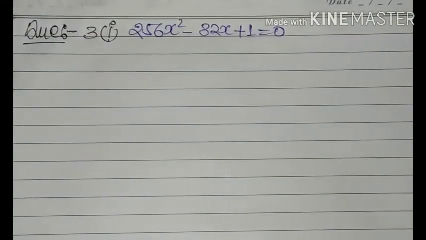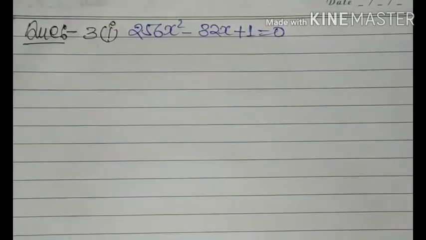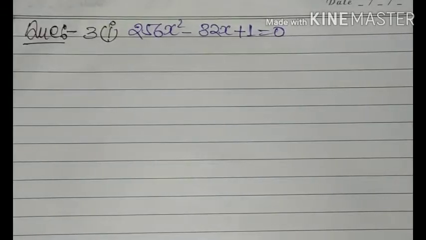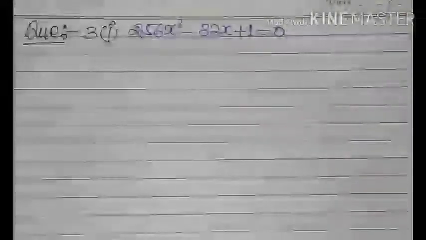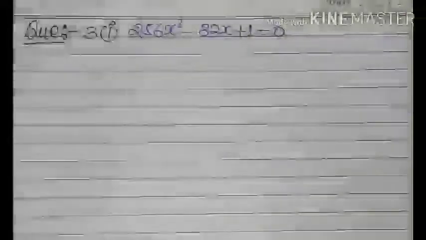Next question is question number 3, part 1. The question is given quadratic equation 256x square minus 32x plus 1 is equals to 0, and we have to solve this quadratic equation by the formula, and the formula is x equals to minus b plus minus under root b square minus 4ac by 2a.